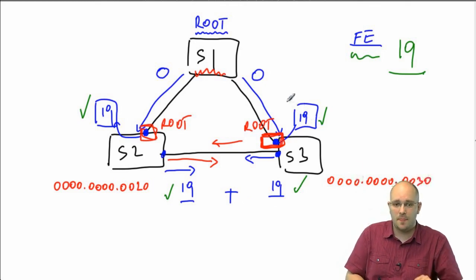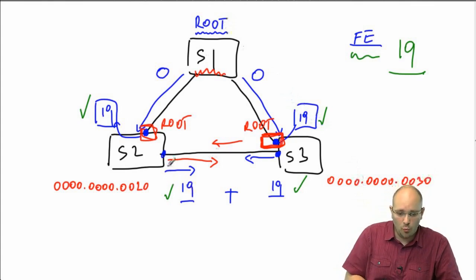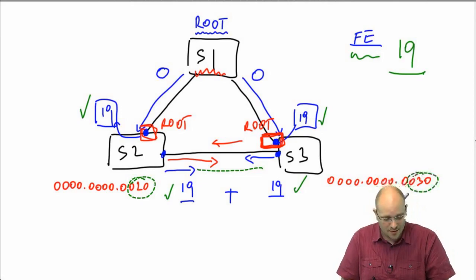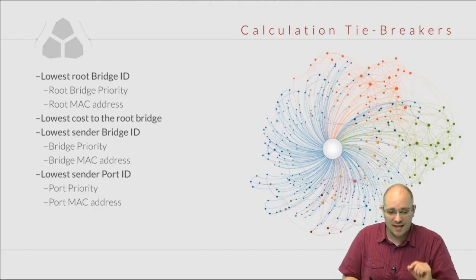In this case, switch 2 will win on this segment here. Why? Because of this value here, because it's lower than this value here. So this tiebreaker, the lowest sender bridge ID, will win. But there are situations when this is not enough.